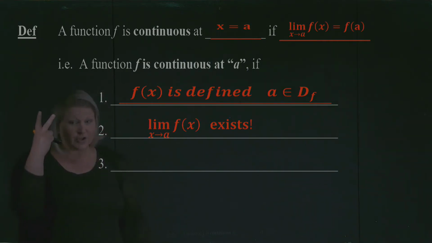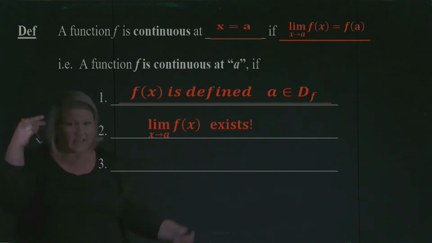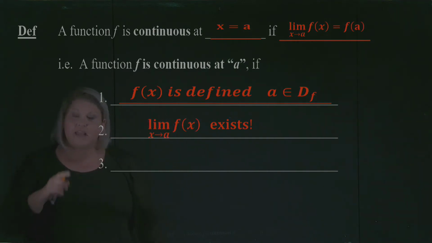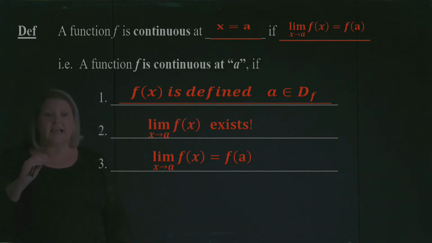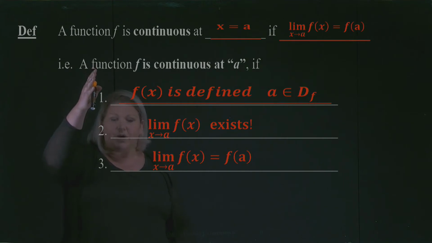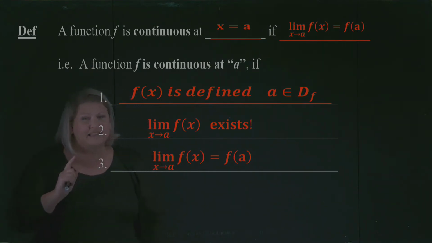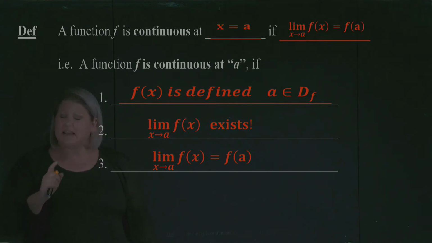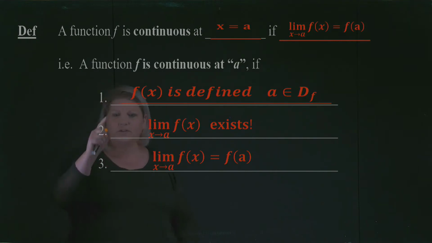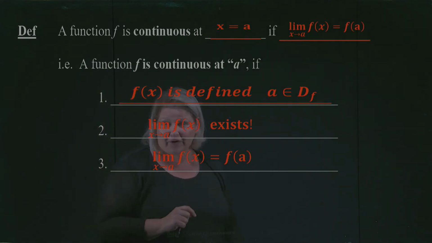Number two, you've got to show the left-hand limit and the right-hand limit and show that they're the same. And then the third step is that what you have in the first one and what you have in the second one are equal to each other. In other words, the limit of f of x as x approaches a is equal to f of a. So those are the three steps we need to do for every problem.